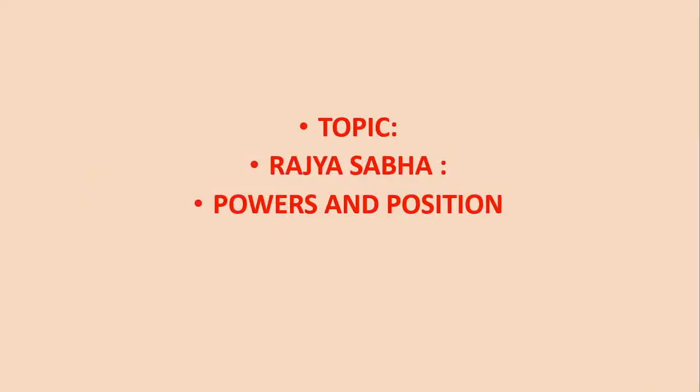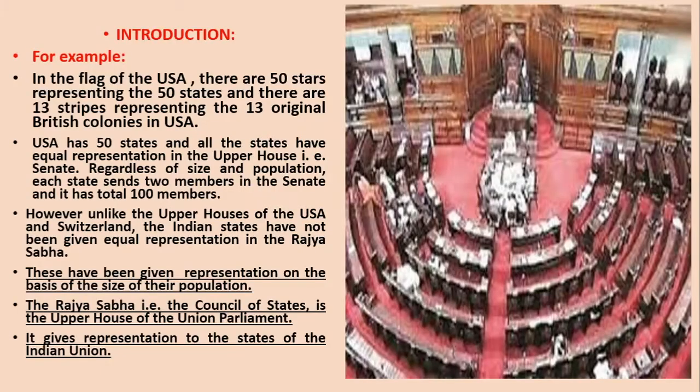Okay. Now I am going to start today's topic, that is Rajya Sabha powers and position. Yes, now I will first introduce the topic with an example. You see, in the flag of USA, there are 50 stars. Have you seen it? There are 50 stars representing the 50 states.